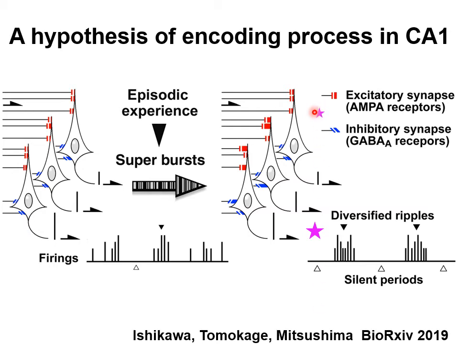Further, we successfully recorded spontaneous high-frequency firings, superbursts, occurring many times during emotional episodes such as restraint or contact with a female. The important thing is that the feature of the superburst was also episode specific. I would be grateful if you could check our report.